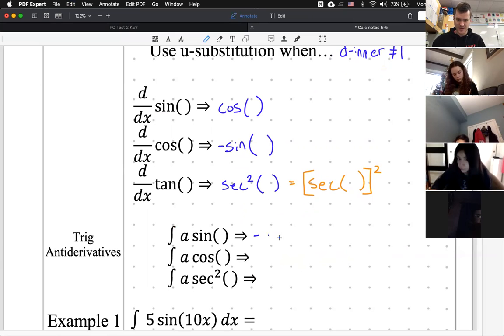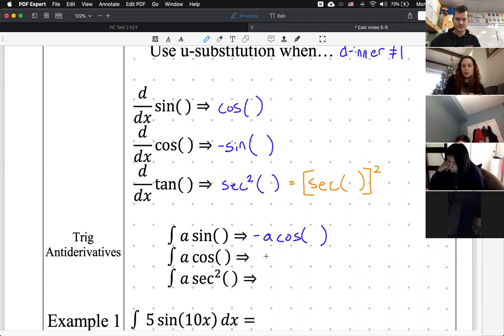The main thing to remember about sines and cosines is they flip-flop between each other. The only hard part is whether it is negative or not. Anti of cosine is change, so what is this next one going to be? Negative sine.